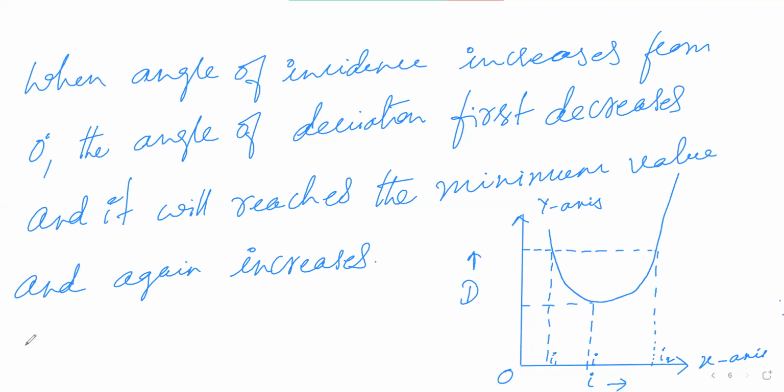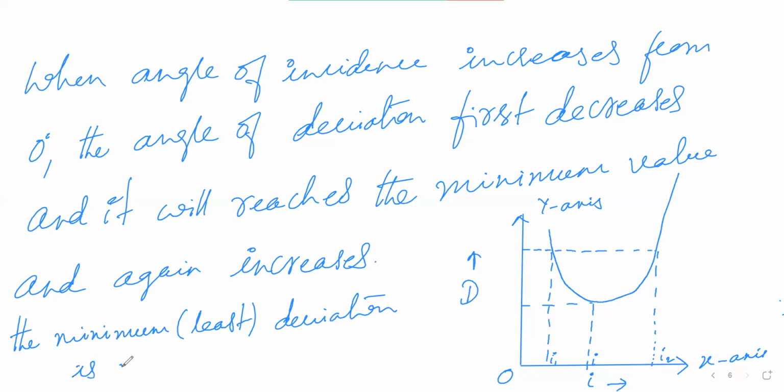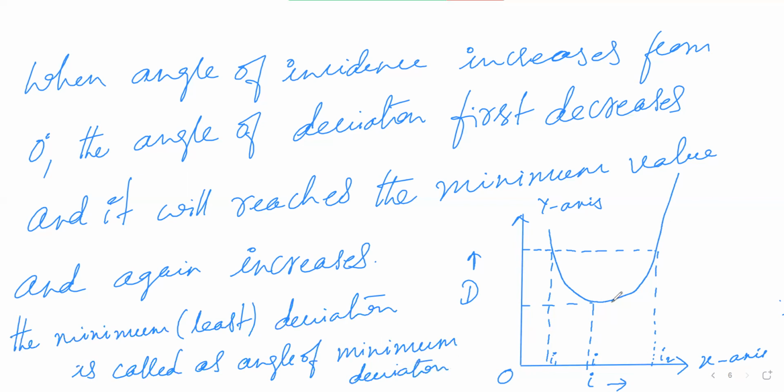So could you go to the previous slide, sir? In this case, the minimum or least deviation is called as angle of minimum deviation, which is the minimum value here.